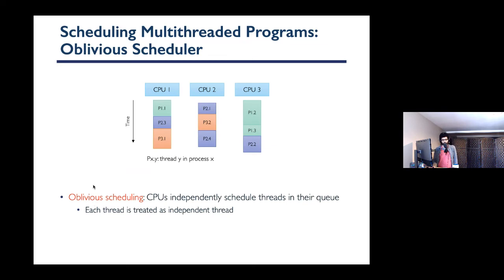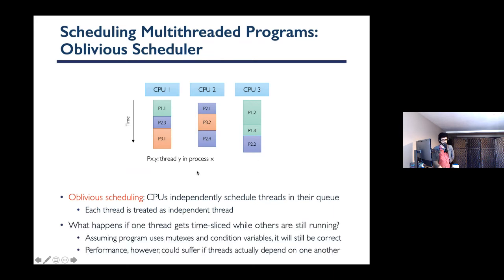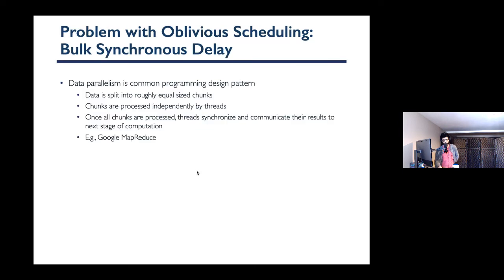The answer is actually no. In oblivious scheduling, we just treat threads independently and schedule them. It's not an efficient way of doing it. Why? Because when threads have dependencies and we ignore those dependencies, we could end up paying high costs.